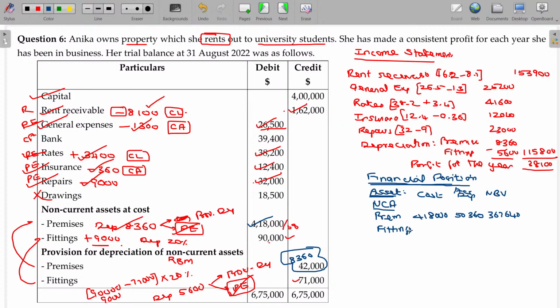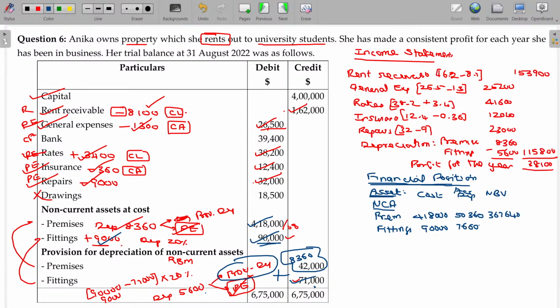Next we will go for the fittings. Under fittings, 99,000 is the cost. And accumulated depreciation already available being 71,000. With that, current year depreciation 5,600 should also be added. So 71,000 plus 5,600, this value being 76,600.